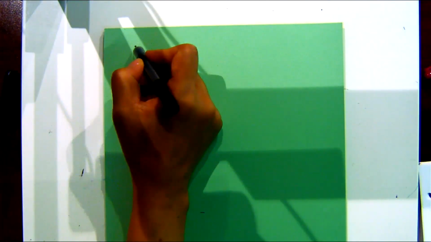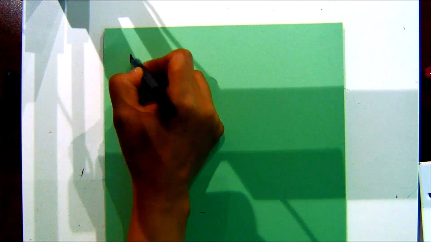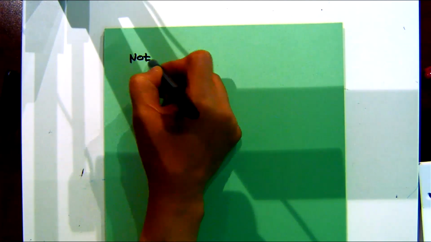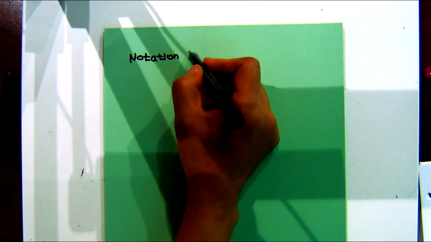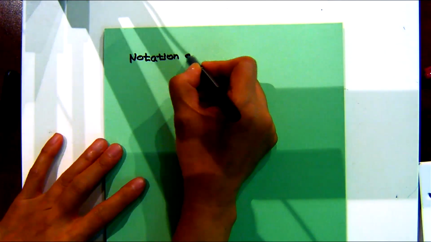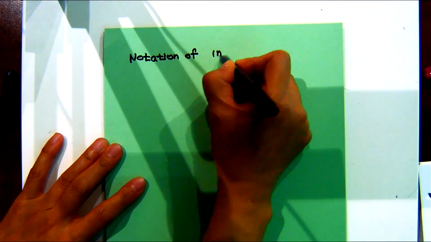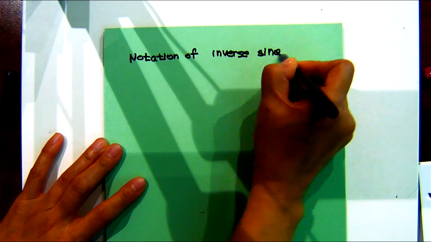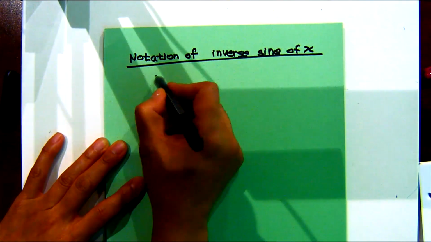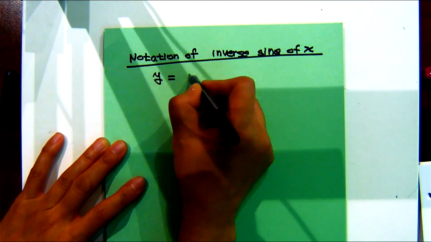So we know that we can define the inverse sine function. So we have to develop the inverse sine function. The notation of inverse sine of x goes like this: y equals sine.